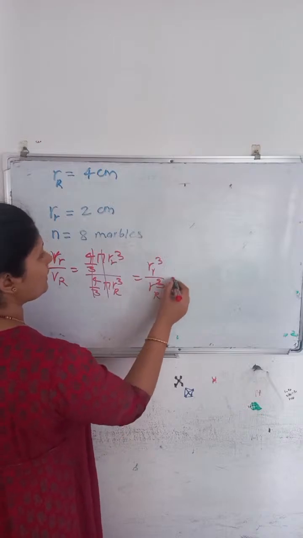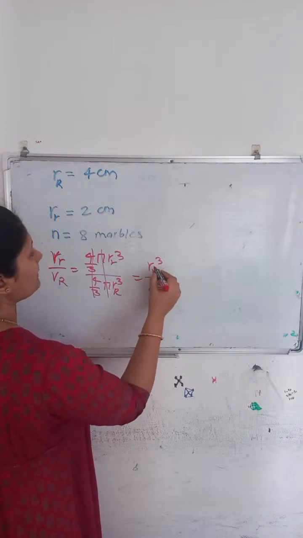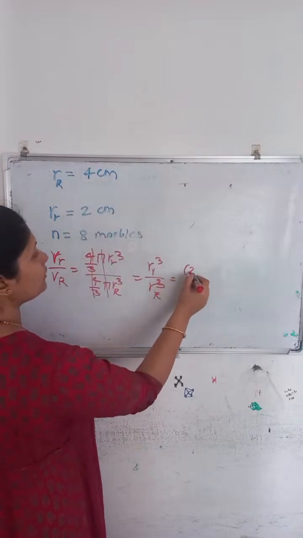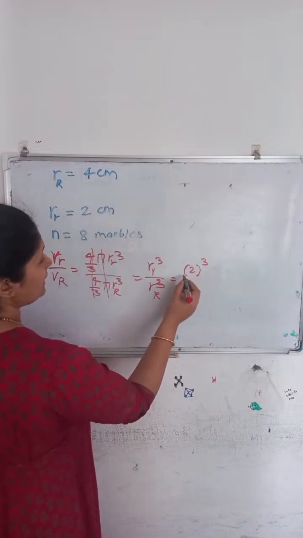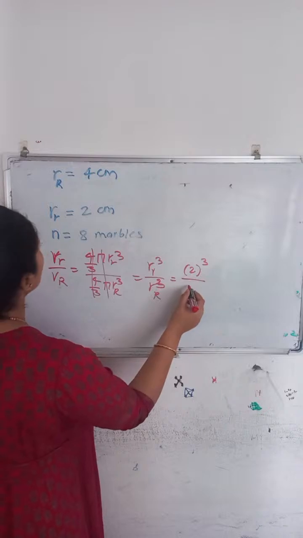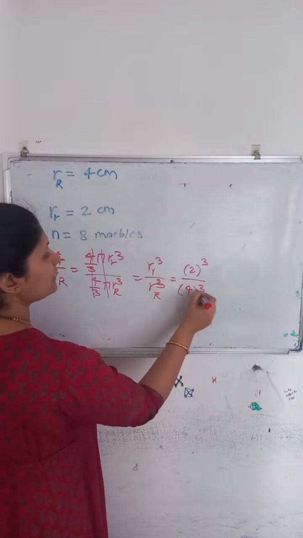Reshma's radius is 2 cube and Ravi's is 4 cube.